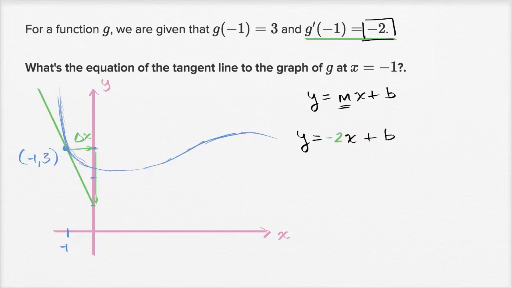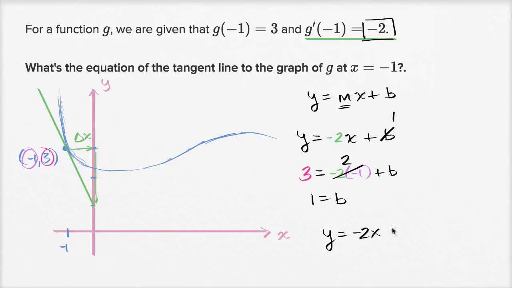When y is equal to 3, 3 is equal to -2 times -1 plus b. -2 times -1 is +2. If you subtract 2 from both sides, you get 1 is equal to b. And there you have it. That is the equation of our line: y is equal to -2x plus 1.